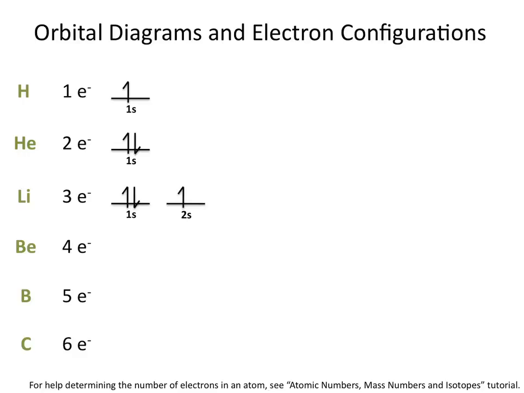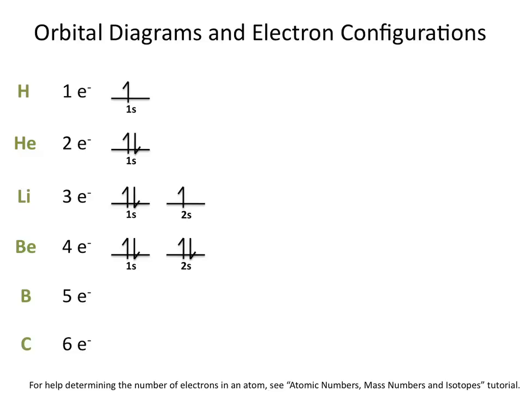Now let's draw the electron configuration for beryllium. Again, we start with the 1s subshell, putting in electrons with opposite spins, and continue to the 2s subshell, first placing our third electron, and just like we did with the 1s subshell, placing our fourth electron in the 2s orbital with an opposite spin.